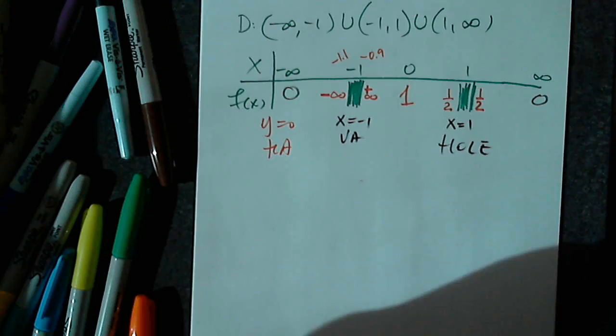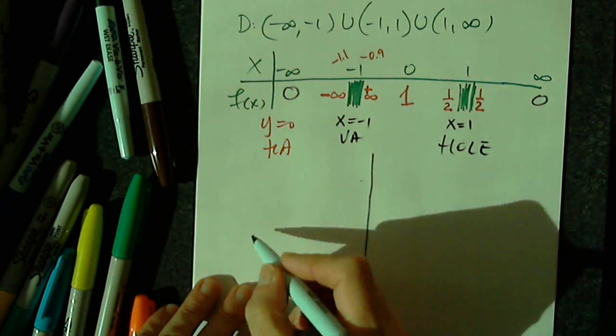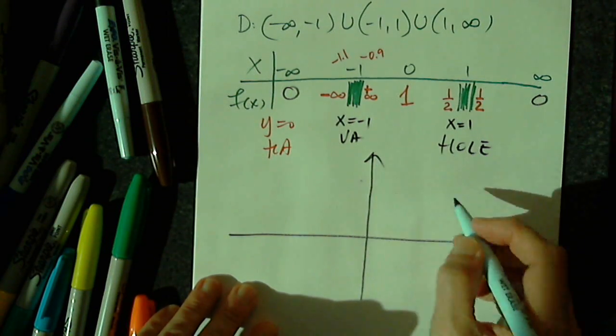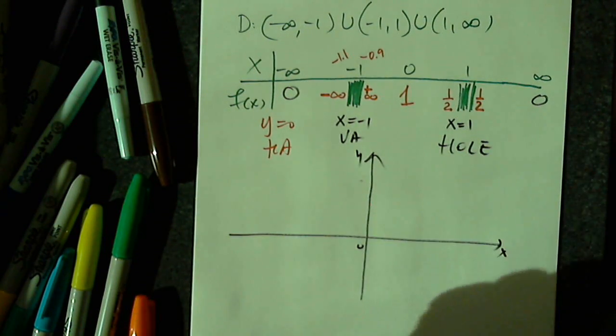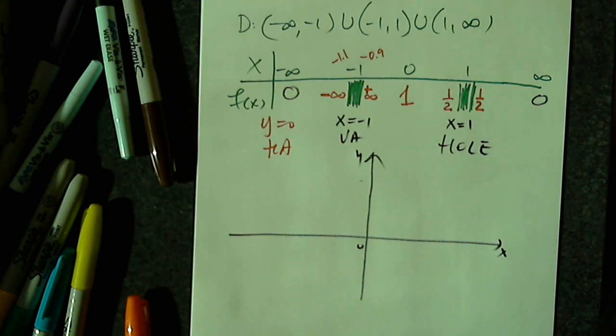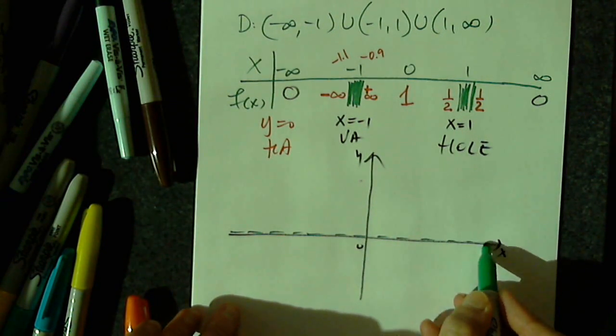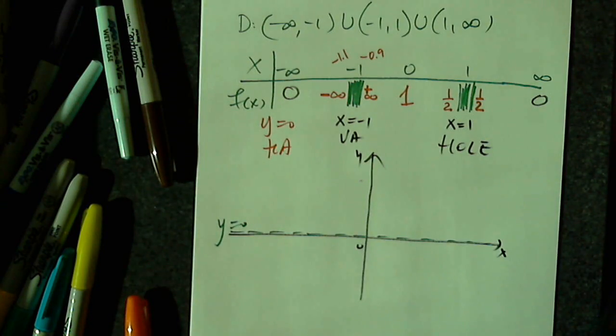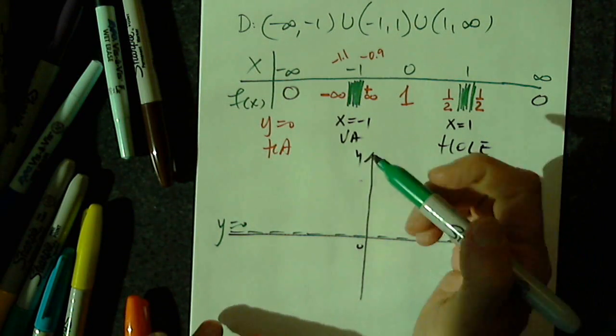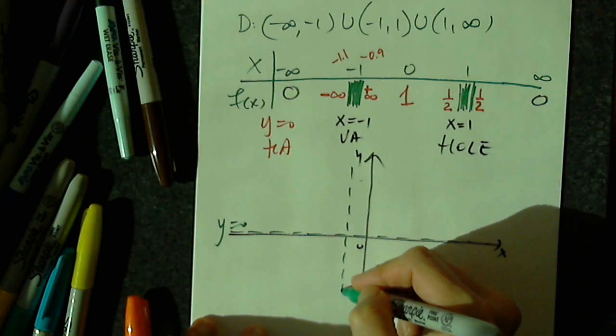When we graph functions with asymptotes, we have to graph the asymptotes first. However, for type 2, this will be an overkill. It's already there. I have at -1 a vertical asymptote.